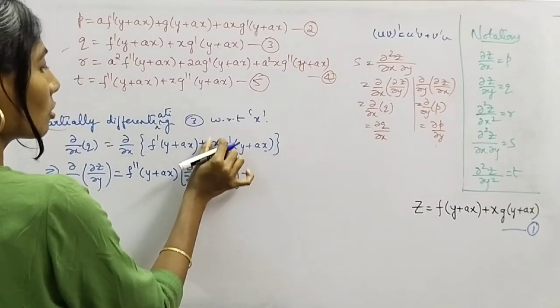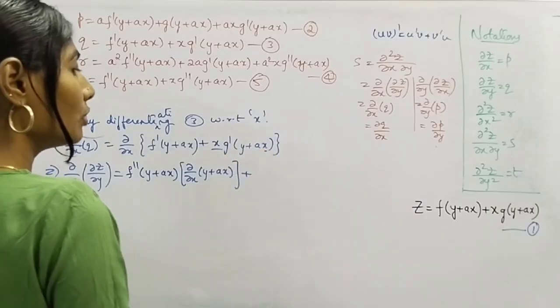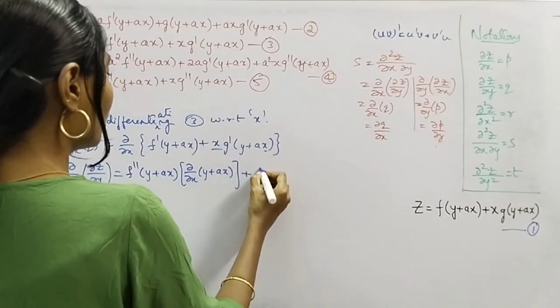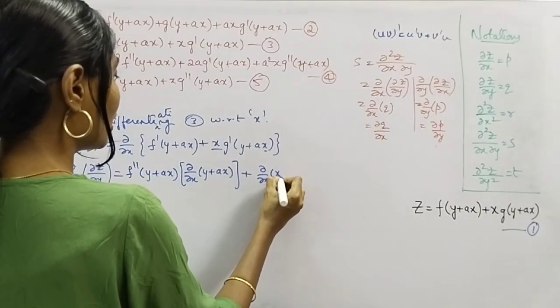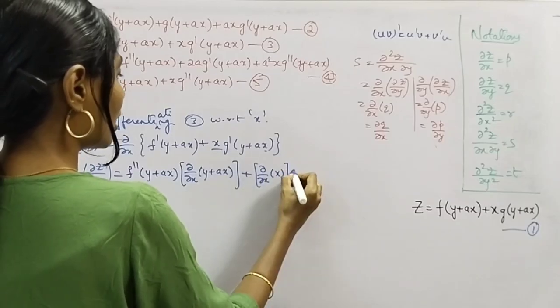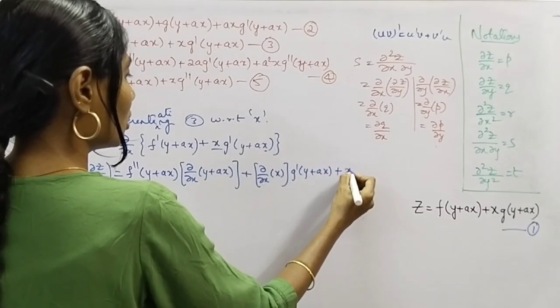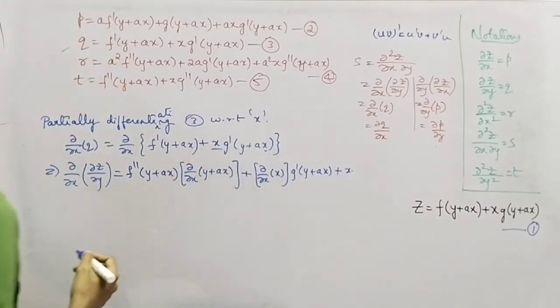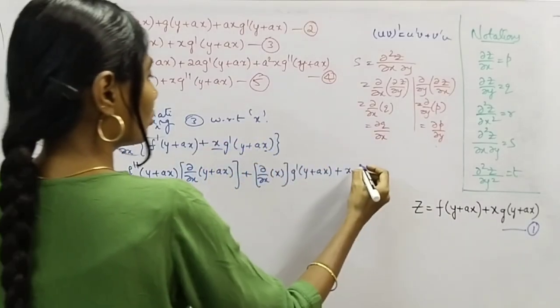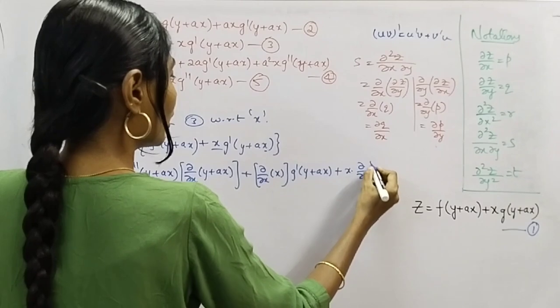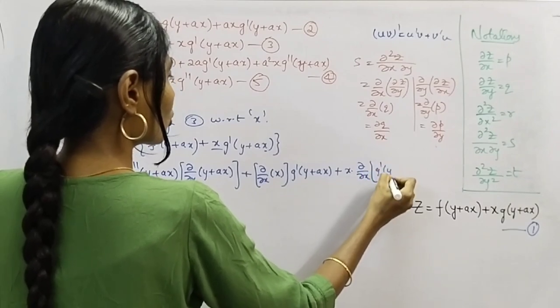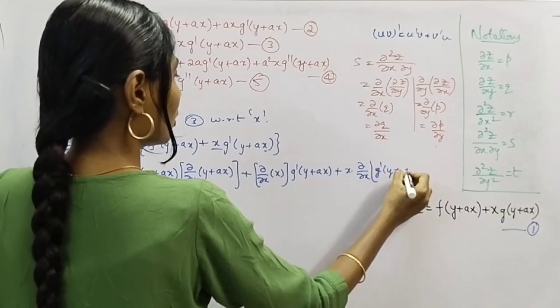Consider x as u and this term as v, and apply the uv whole dash formula. Okay, you'll get dou by dou x of x into g dash, plus x into the partial derivative of g dash, that is dou by dou x of g dash of y plus ax.